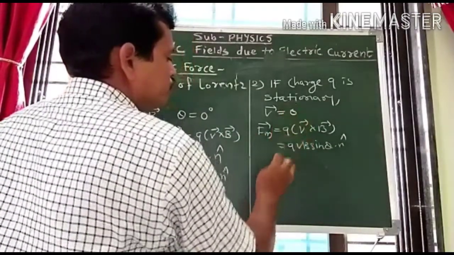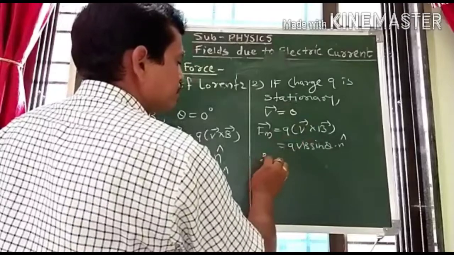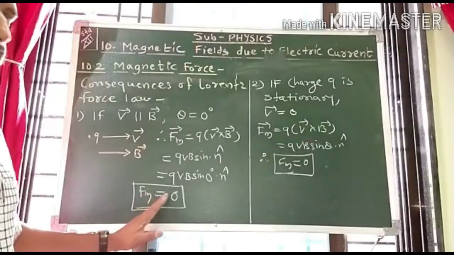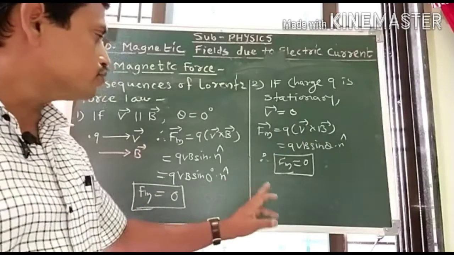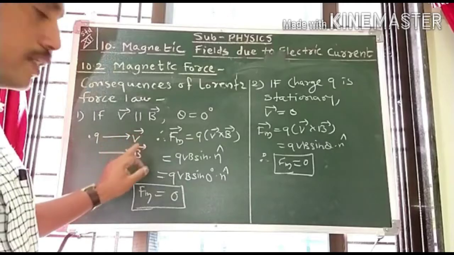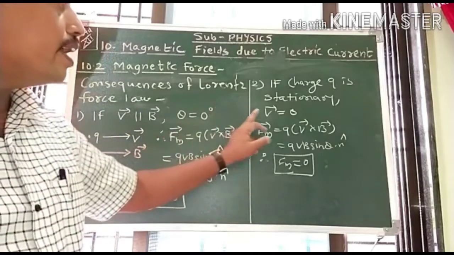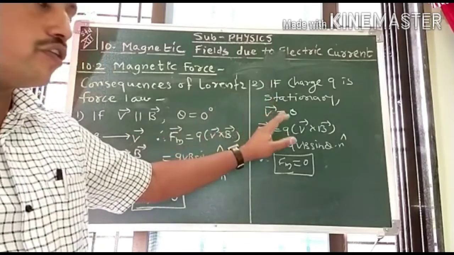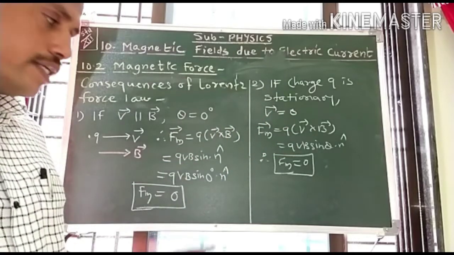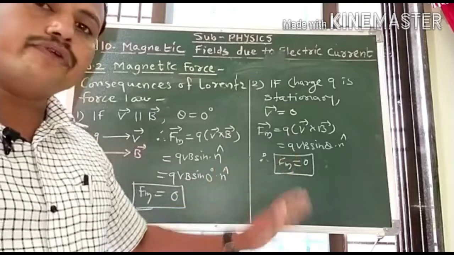Now v is equal to 0 here, and therefore the magnetic force acting on the charge is equal to 0 in both cases. This means when the charge is moving in a direction parallel to the external magnetic field B, and when the charge is stationary in the presence of the external magnetic field B, the magnetic force acting on the given charge is always equal to 0.